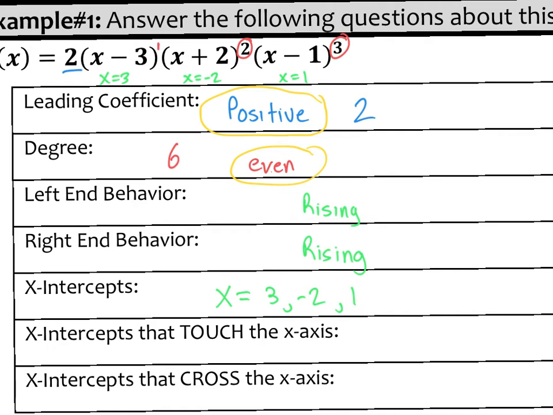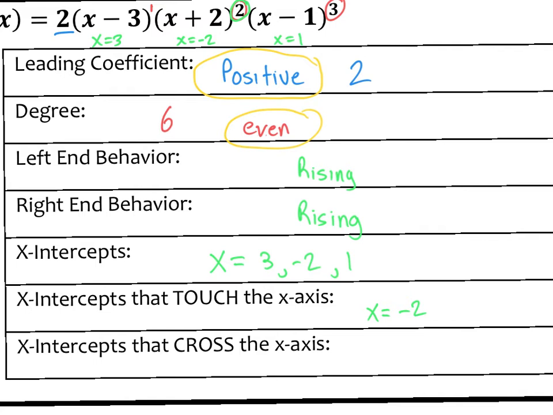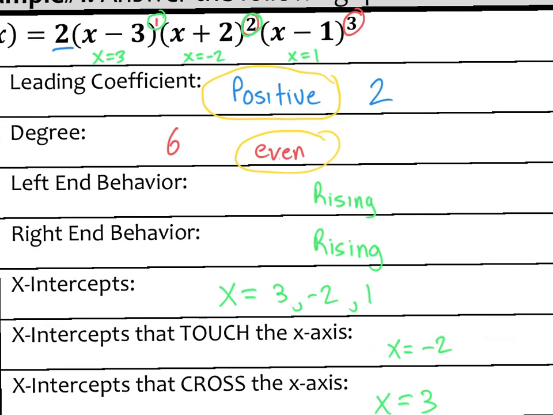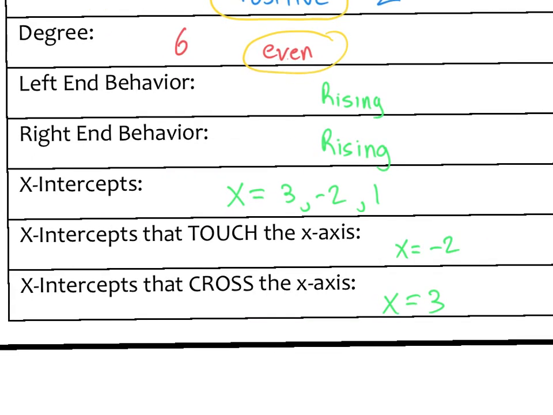So the second degree here is even, so that would be x equals negative 2. The others are odd. First degree and third degree, 1 and 3, both odd numbers. So x equals 3 from the first degree, and then x equals 1, that was third degree.